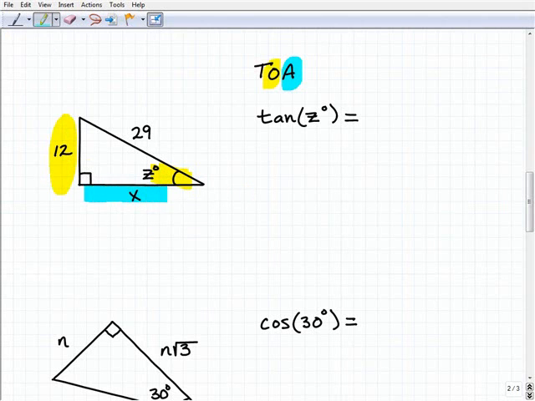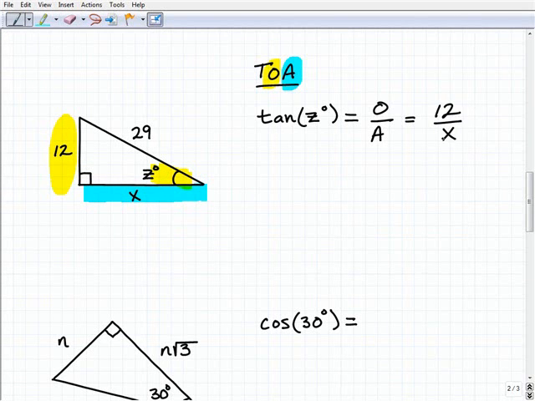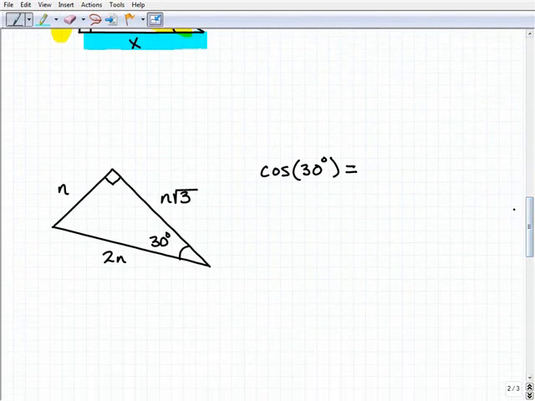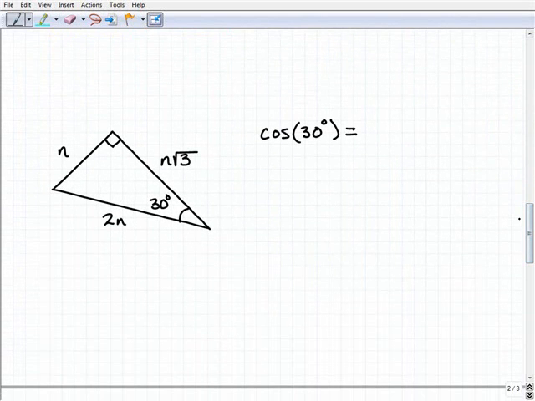It's this right here, that X. So TOA is the opposite over the adjacent, in this case 12 over X. This might seem basic and fundamental, but let's make sure you have these core concepts down before we start doing more with trigonometry.